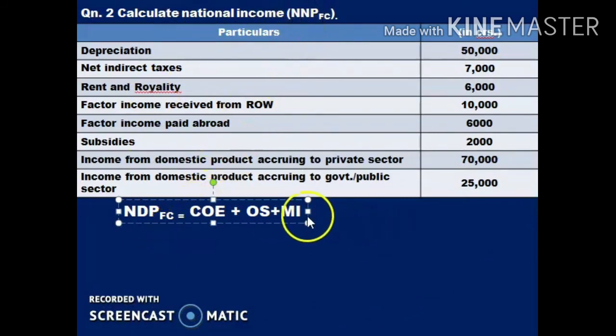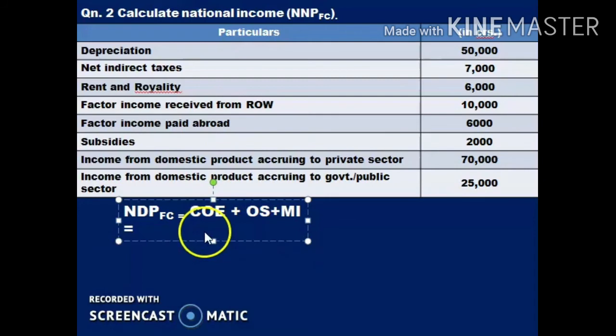So at first, as usual, you have to find NDP-FC. It's equal to COE plus OS plus MI. But here you can see that two values have been accumulated and calculated together. If you add these values, it will become double counting. So you can directly take the income from domestic product accruing to private sector and income from domestic product accruing to government sector.